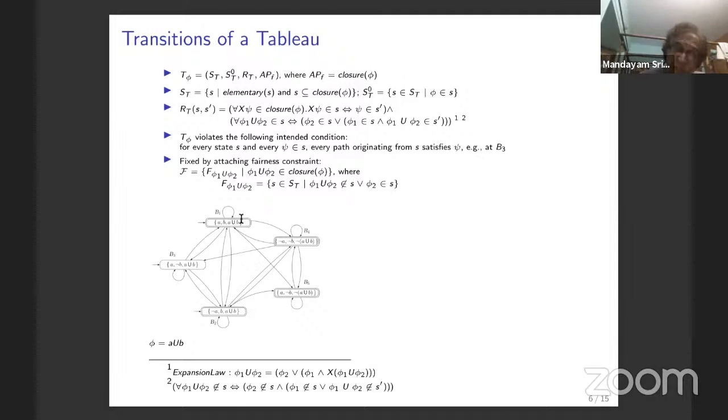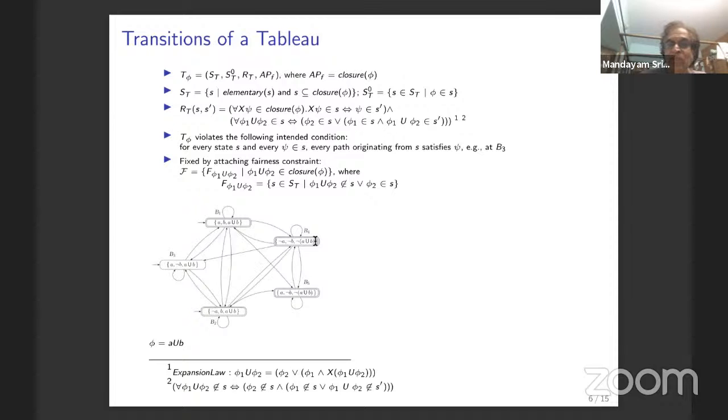Since paths that satisfy the until formula can, after it is satisfied, have not phi for arbitrarily long after that, that's why you include this as well.